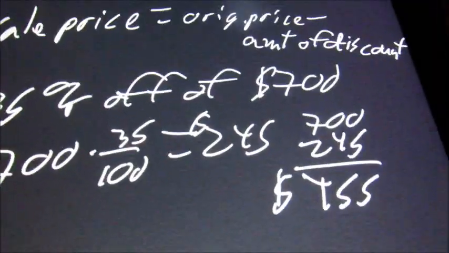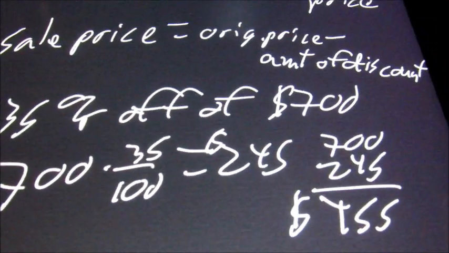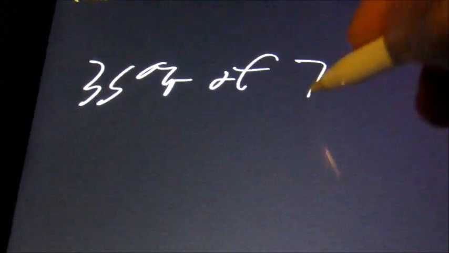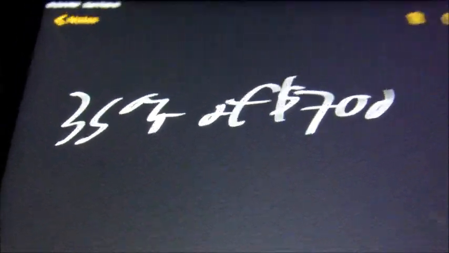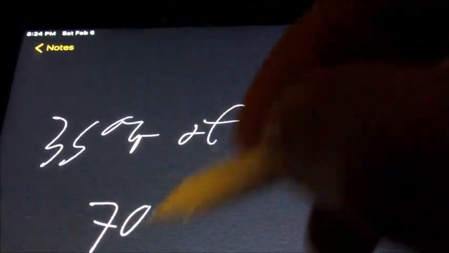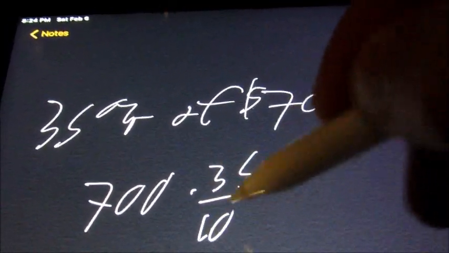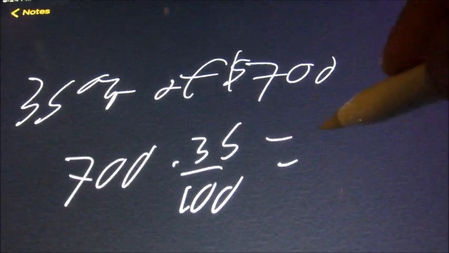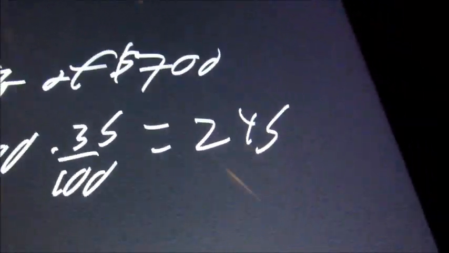However, you might be asked, using these same numbers though, that the price is 35% of 700. So if you don't see the word off and it's just of, then you're just going to say 700 times 35 over 100 and it equals 245.